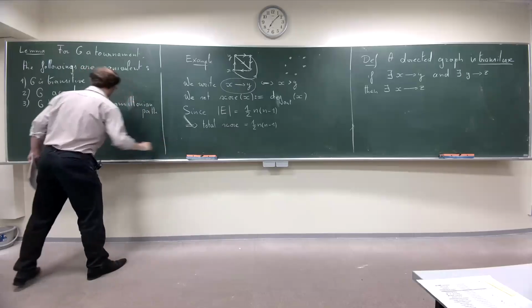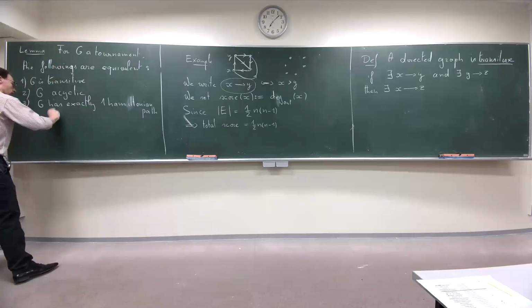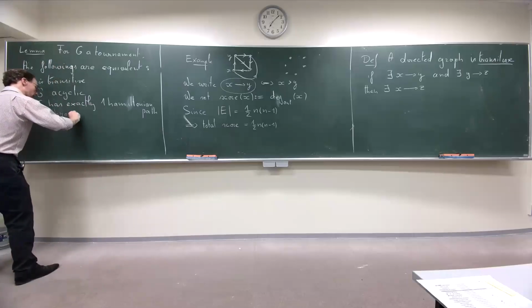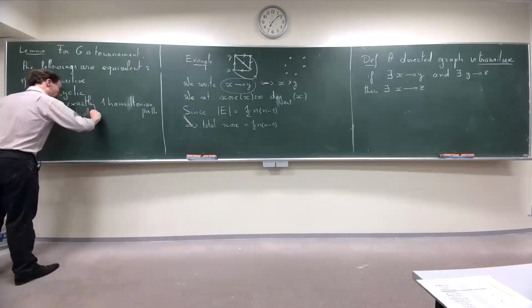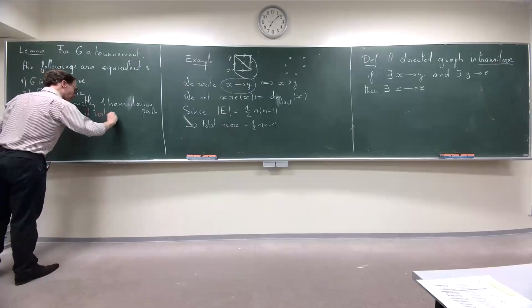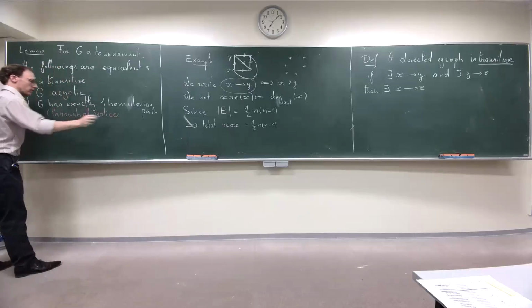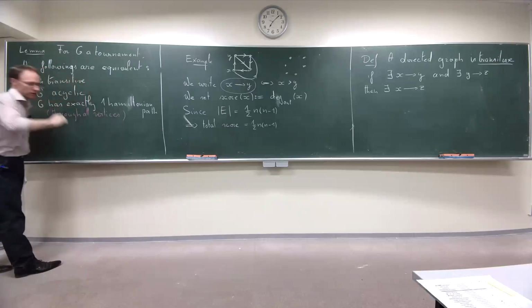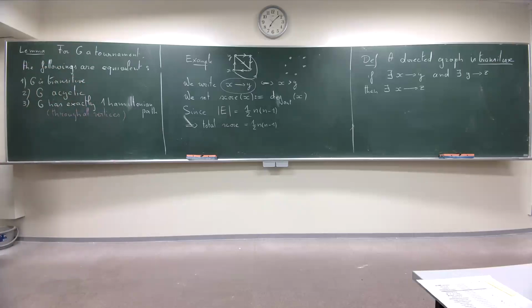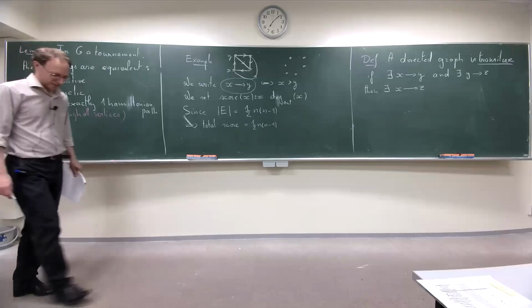Remember, a Hamiltonian path means it goes through all vertices, and it's a path, so you're not allowed to repeat the same edge, of course. And a tournament is a simply connected graph that is directed.